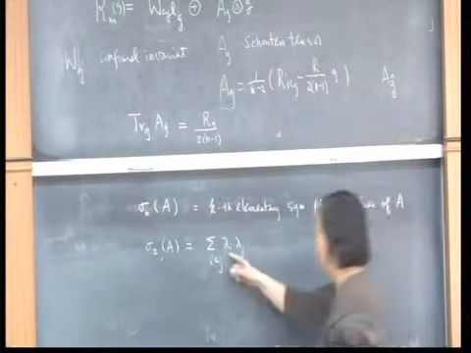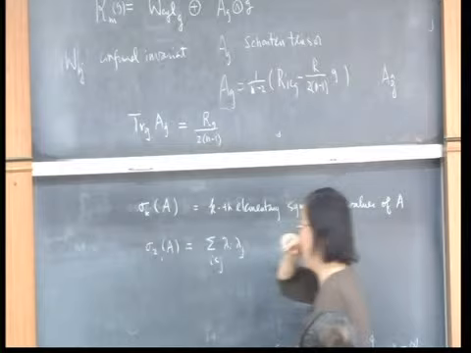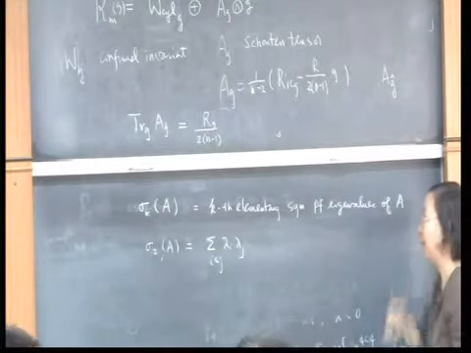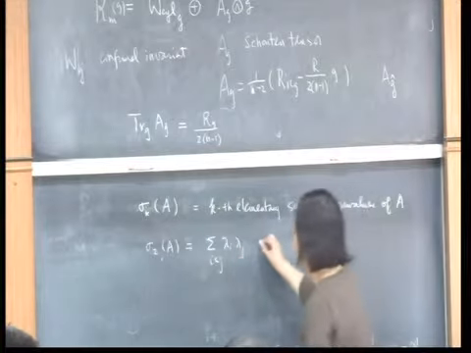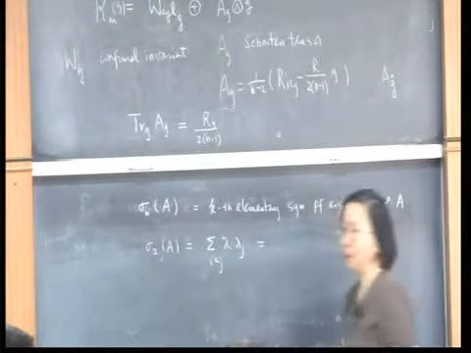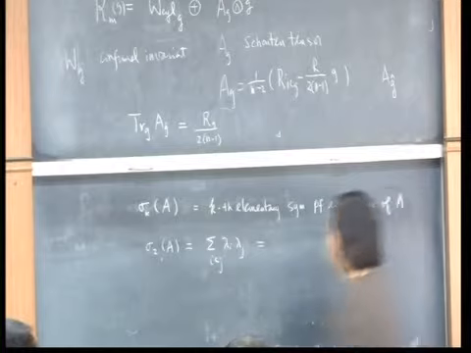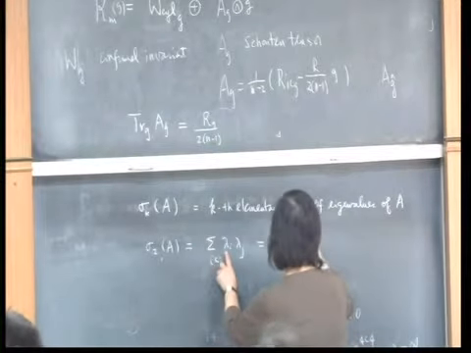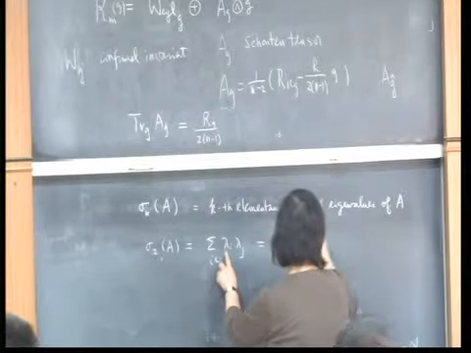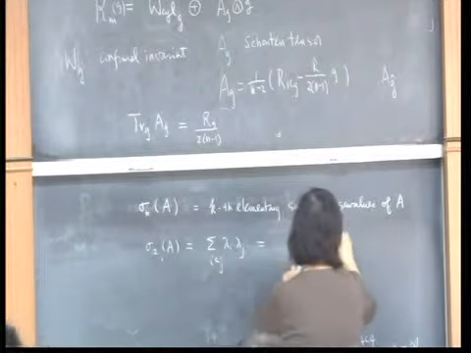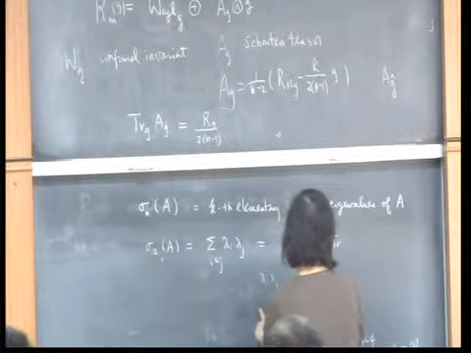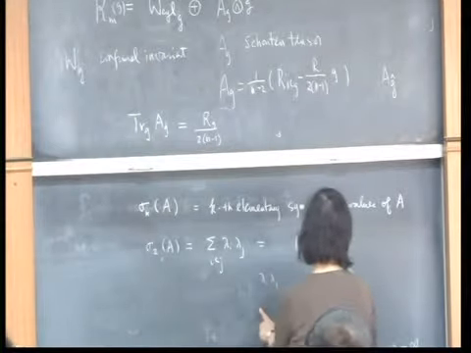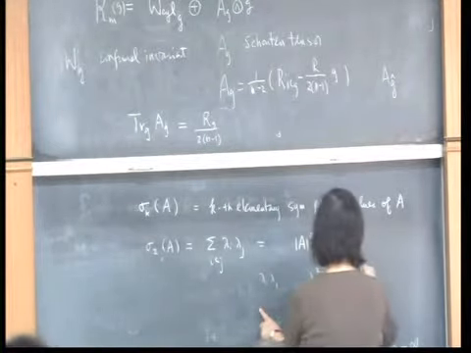Look, the lambda i are the eigenvalues of A, and then one studies this. One should think about sigma 2 of A in terms of the norm of A squared and the trace of A, since lambda i lambda j relates to lambda i squared and the sum of lambda i squared.